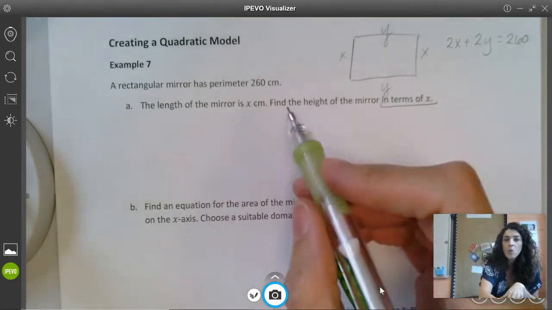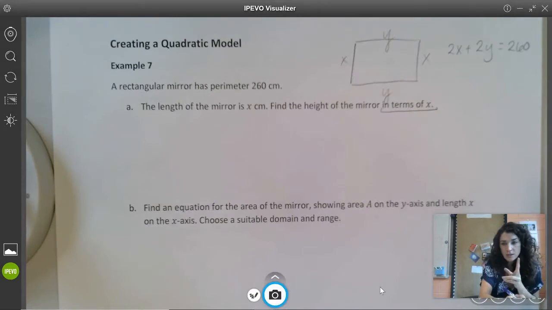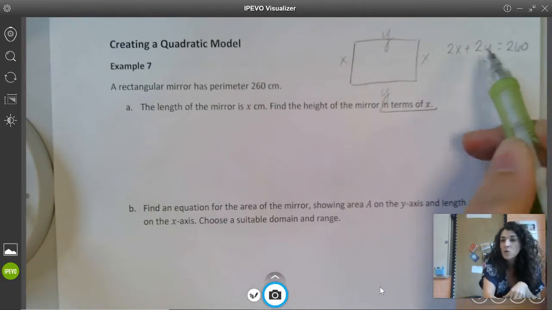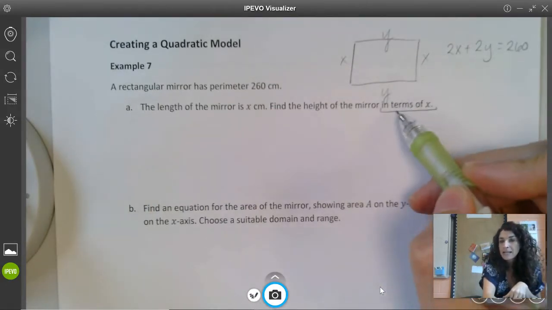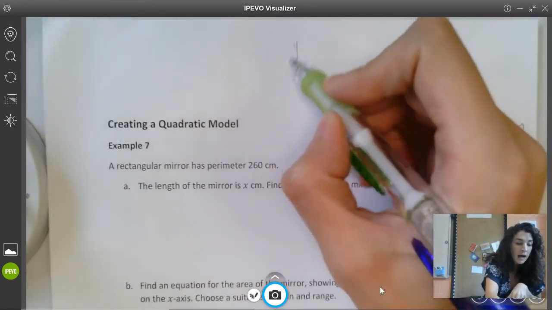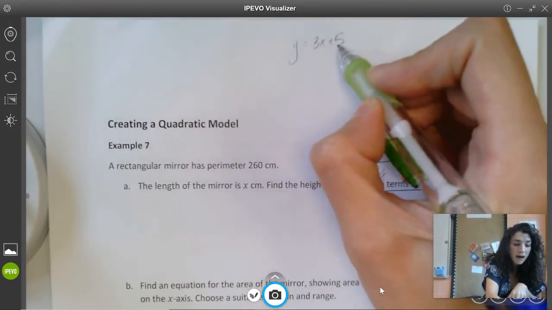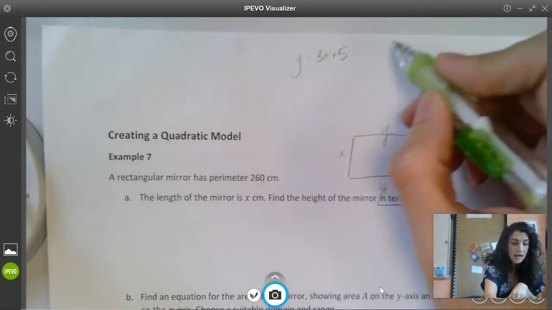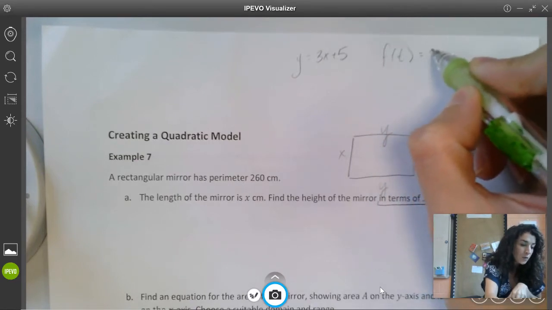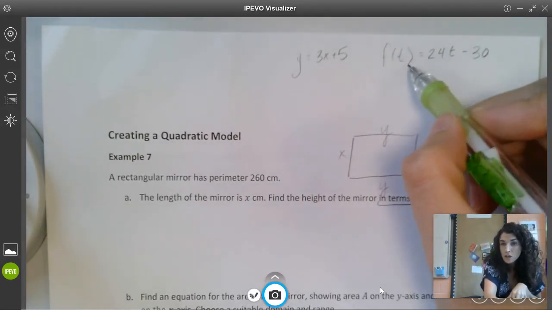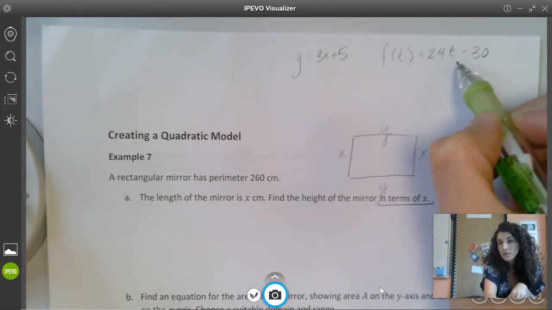In other words, y, the height, will be related to x, but in terms of x means I want y by itself. y equals 3x plus 5 is an equation for y in terms of x. f of t equals 24t minus 30 is an equation in terms of t.